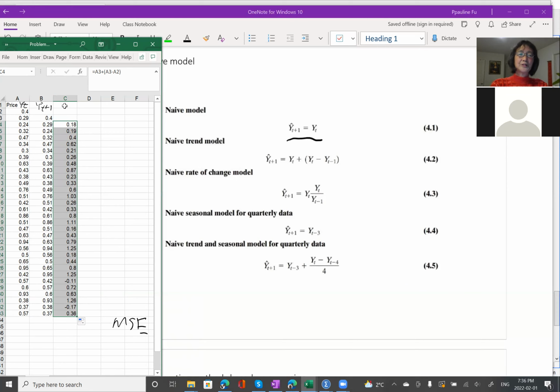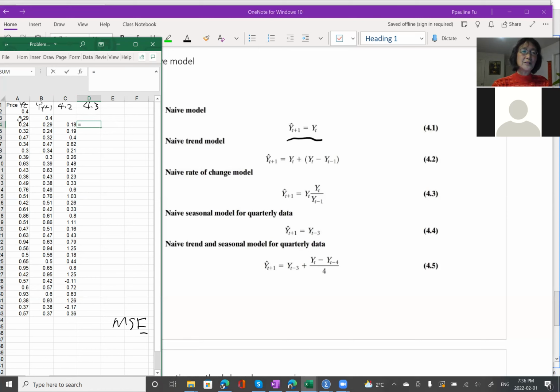Next, 4.3. So this is the result of formula 4.2. Next, I will explain formula 4.3. 4.3 says the next value, T+1, equals the previous value times the previous value over the value before it. So I will start with this one here. Equal to the previous value.